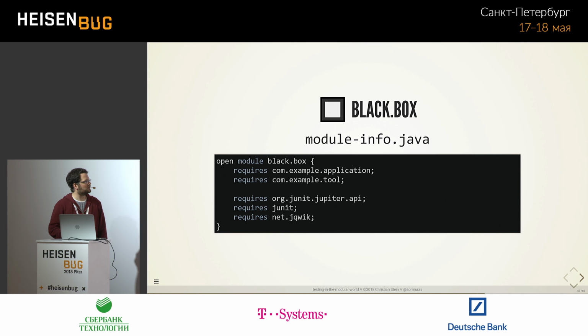So let's look at the black box module descriptor, the test module descriptor. Actually, a better name would be module-test.java, but the compiler does not support that. What I did here was copy all of the main requirements and directives into the test module descriptor, added a keyword named open to it, and added our requirements for testing.